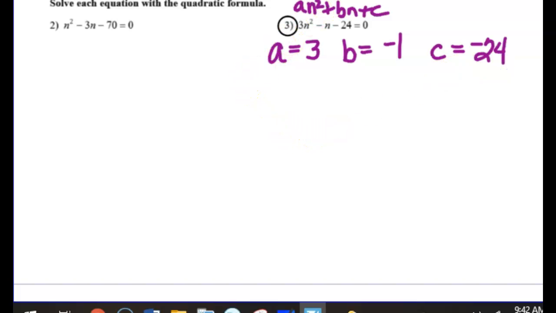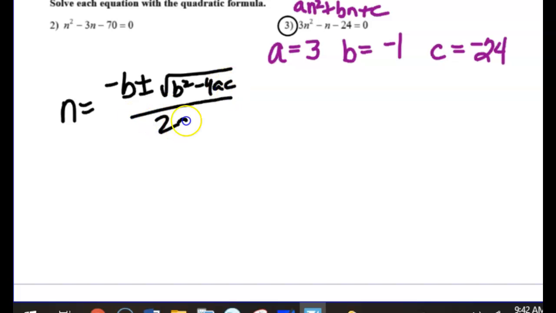All right. Then we're going to go x equals, whoops, in this case it would be n equals opposite of b plus or minus, I'm just putting it on the screen here, b squared minus 4ac all over 2a. Okay. What is the opposite of b for this question? +1 plus and minus the square root of.